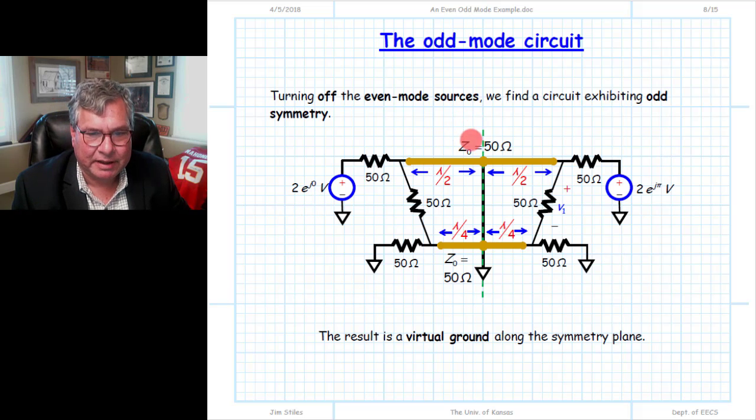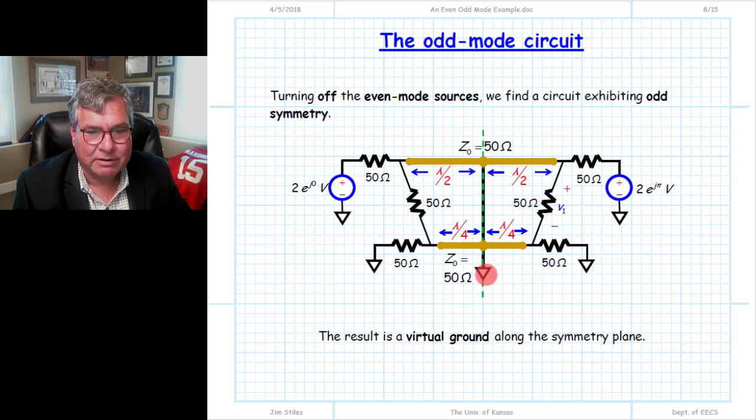And because we have a symmetric circuit with a plane of bilateral symmetry, and because the sources have an odd symmetry, equal magnitude but phase shift of 180 degrees, then we find that the boundary, or this plane of reflection symmetry, becomes a virtual ground or virtual short.